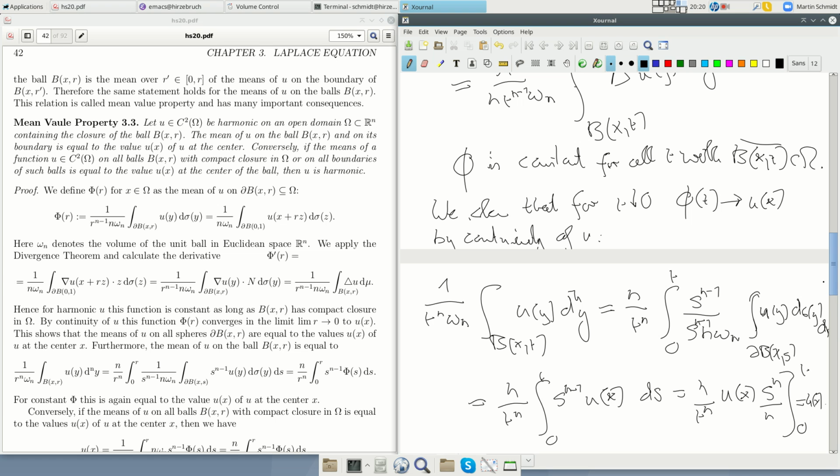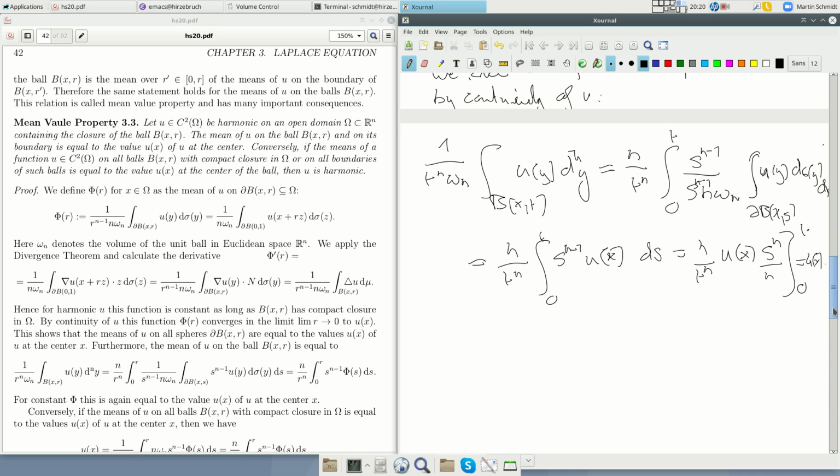Now comes the other direction. Conversely, let u be two times continuously differentiable on omega.